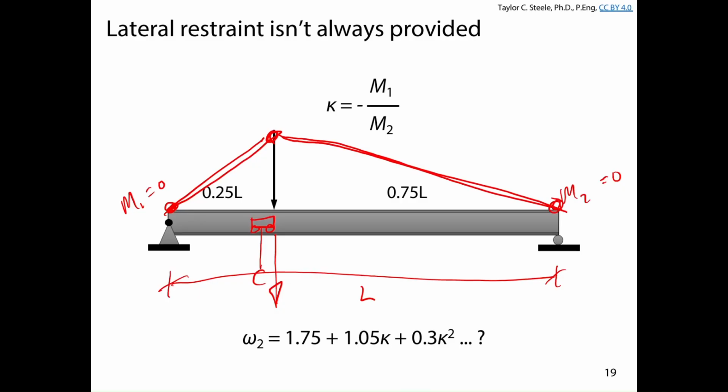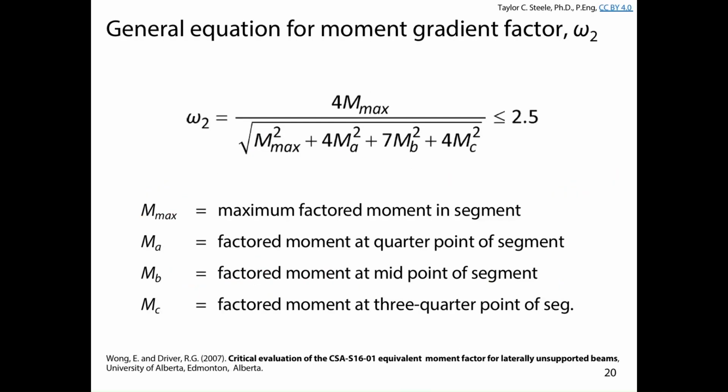Some really smart people from the University of Alberta had recognized that for the design of certain systems like monorails, where the lateral restraint doesn't correspond with the point load that's loaded by the joist, we need a different value of omega-2 because we still can take advantage of the fact that the moment diagram is not uniform.